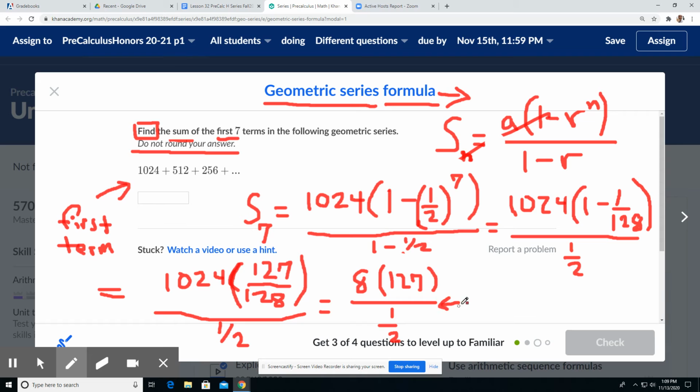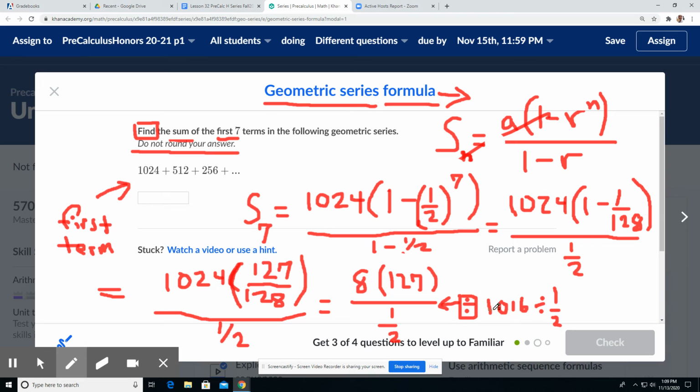I still don't have these memorized even as a math teacher. I just go ahead and break it down every time. So I'm going to treat that as a fraction bar. So 8 times 127, 1016. Here's that divide sign, that's that divide sign, 1/2.